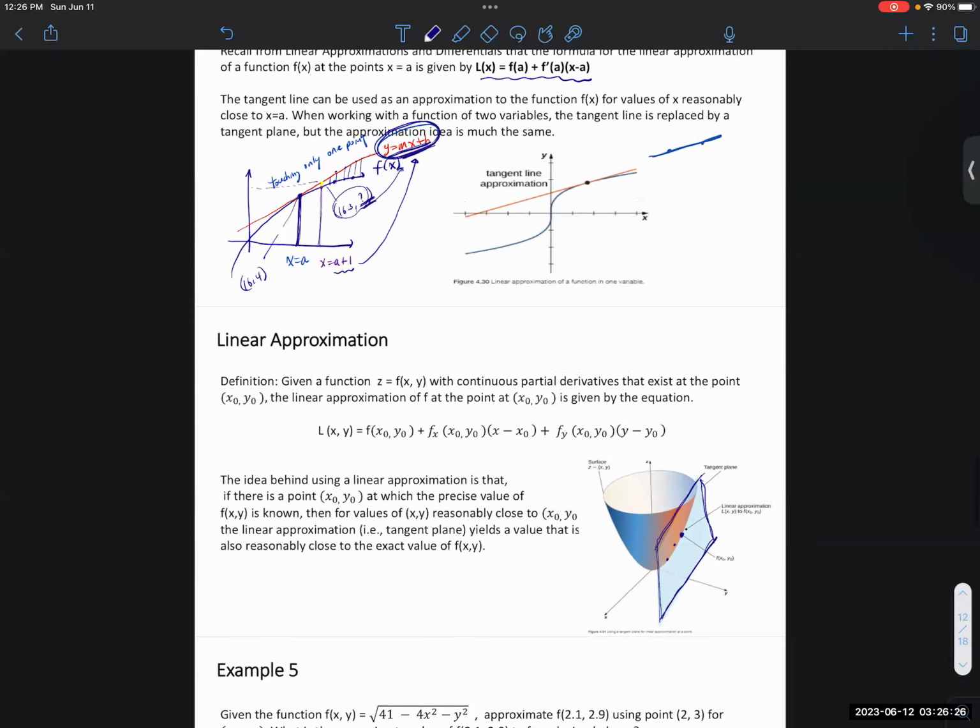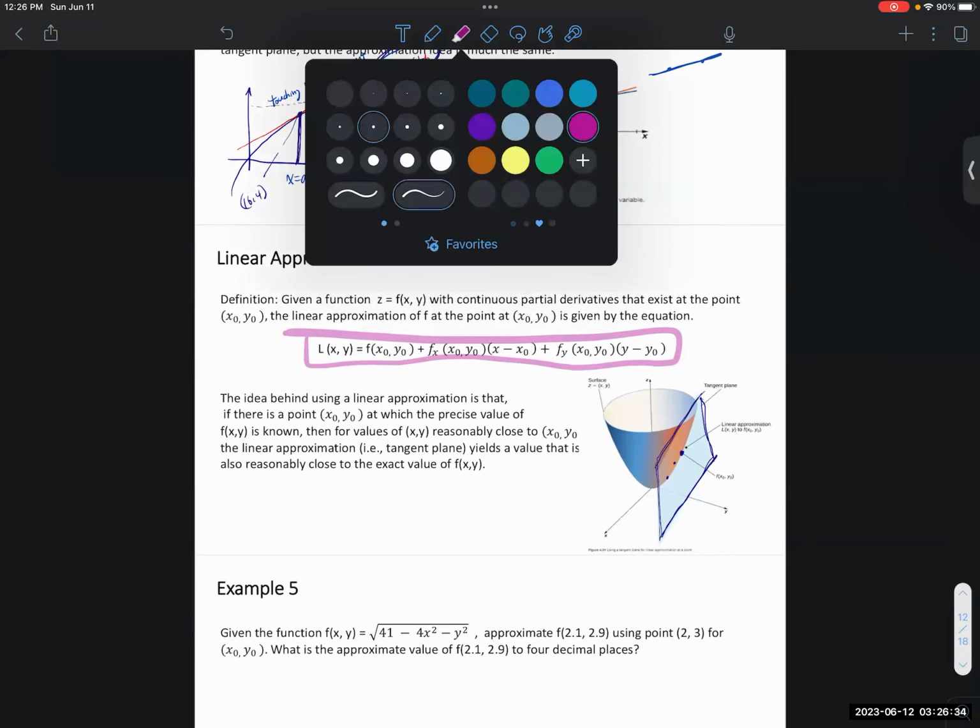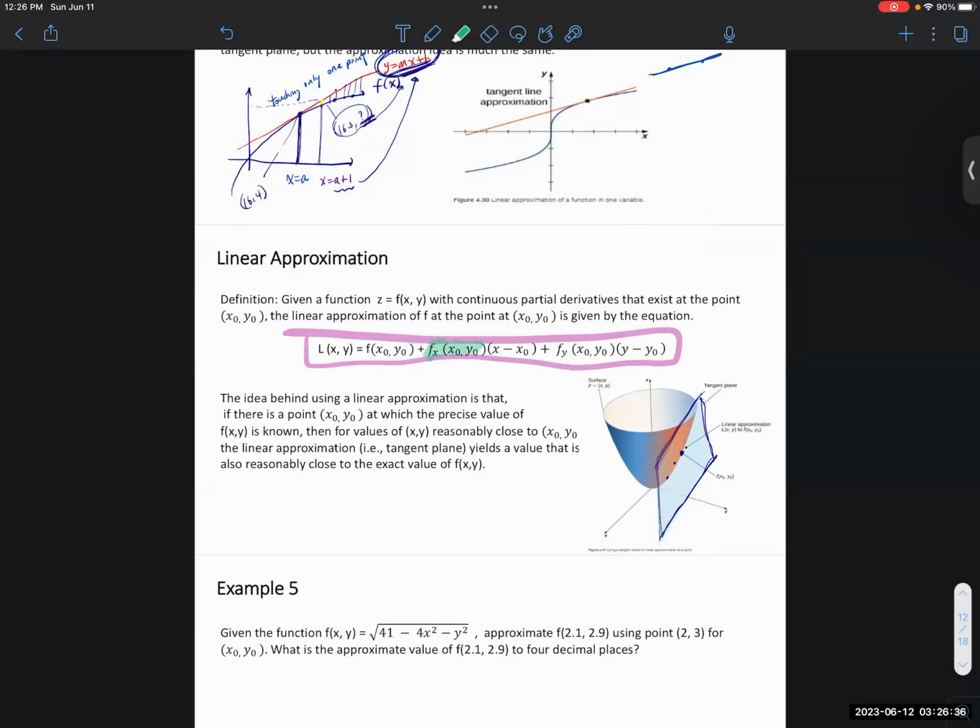So it's the same thing as when we got the equation of the tangent plane. You take the partial derivatives in x and y, and then we can find the outcome by using this tangent plane. So let me write it.